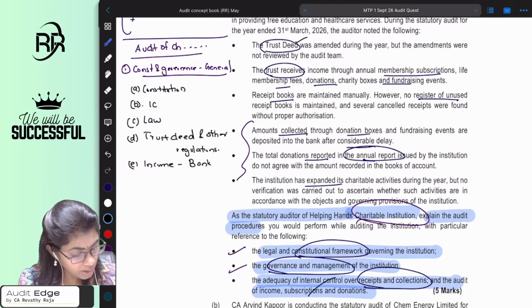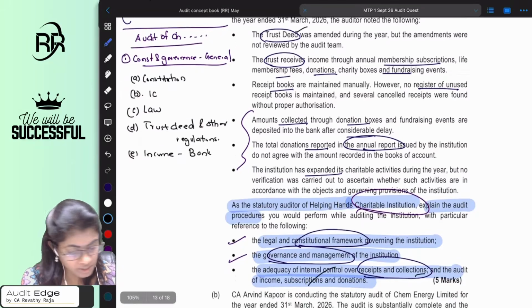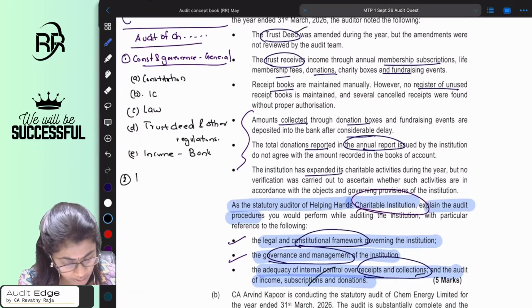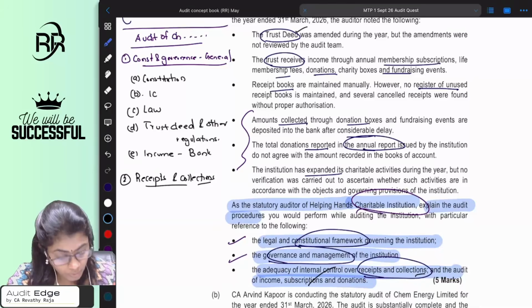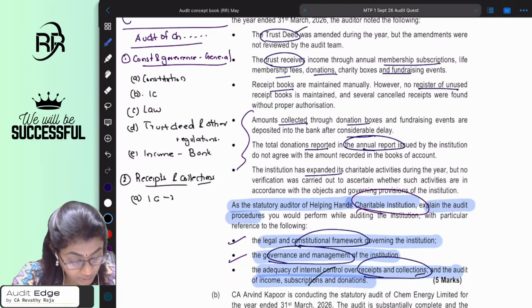Now, regarding the receipts and collections. First, there should be proper internal control over the receipts book.